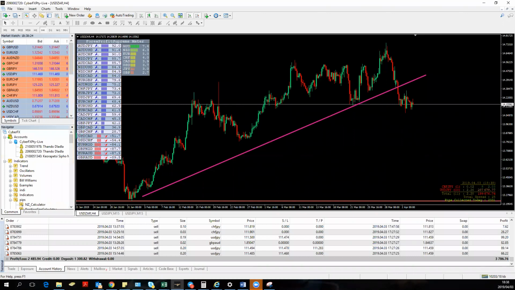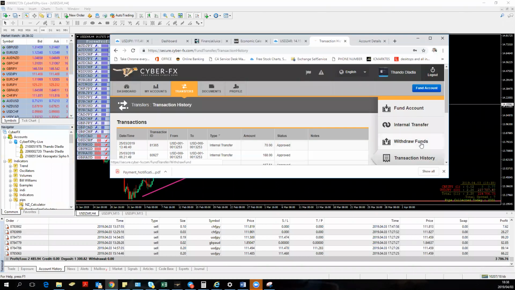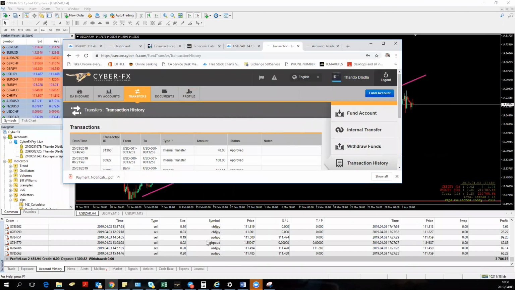If I need money from those profits, I can decide to withdraw. You see, there's an option to withdraw funds. This is like a bank account of mine, where I can take profits out of this platform. Yes, and that's basically how it works.